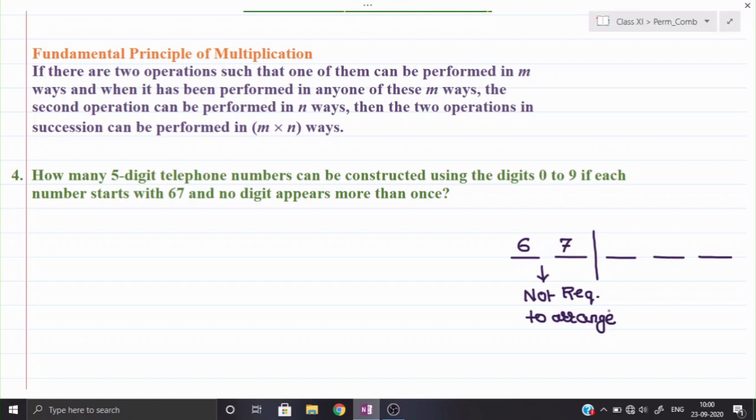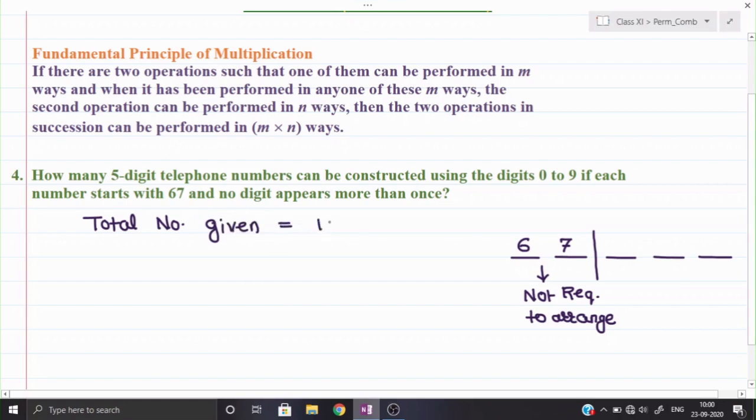Now if I go to this place, suppose this is the first place I need to arrange, then I will go to the other 2 places. On this particular place, how many numbers are available? 0 to 9 we are talking about. The total numbers given in the question from 0 to 9 are 10.